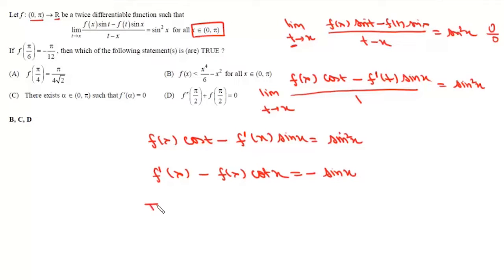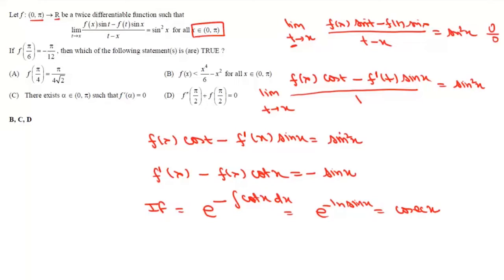Now we will find its integrating factor. Its integrating factor will be e to the power minus integral of cot x dx, and it will be e to the power minus log sin x, which is nothing but cosec x.